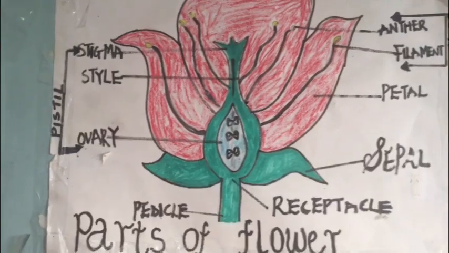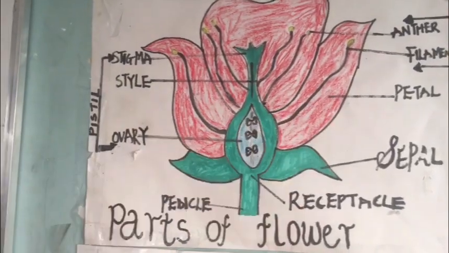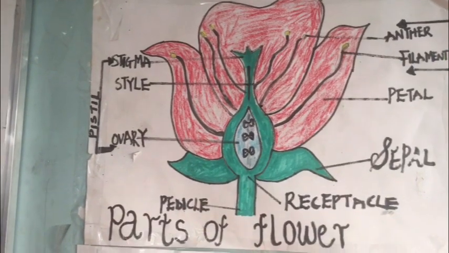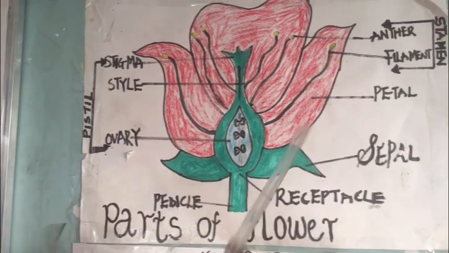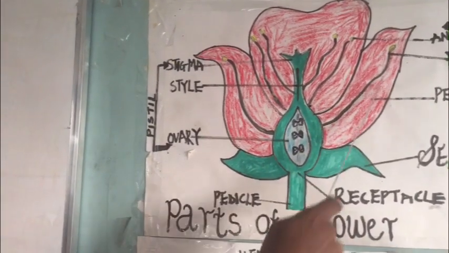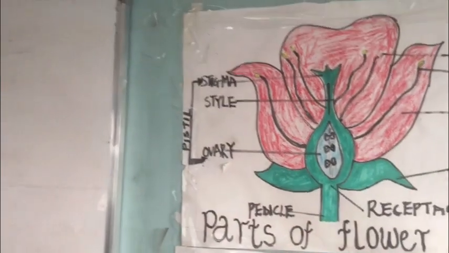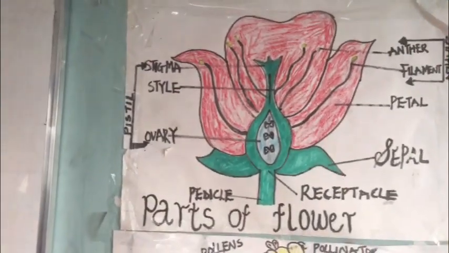Insects are agents of pollination. So the petals attract insects for pollination. You can see their colors are bright. These are petals.